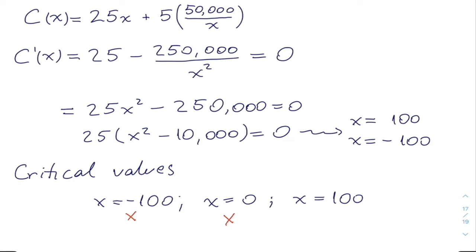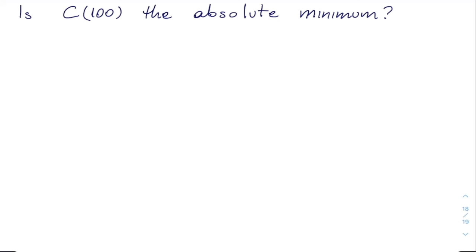On the other hand, x equals 100 is a perfectly valid dimension we can use. Now we have to decide if x equals 100 is in fact the minimum we're looking for. So we need to check if C of 100 is the absolute minimum.